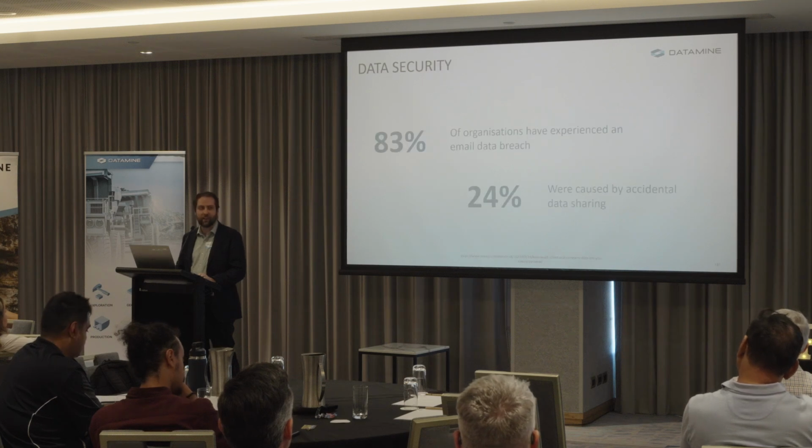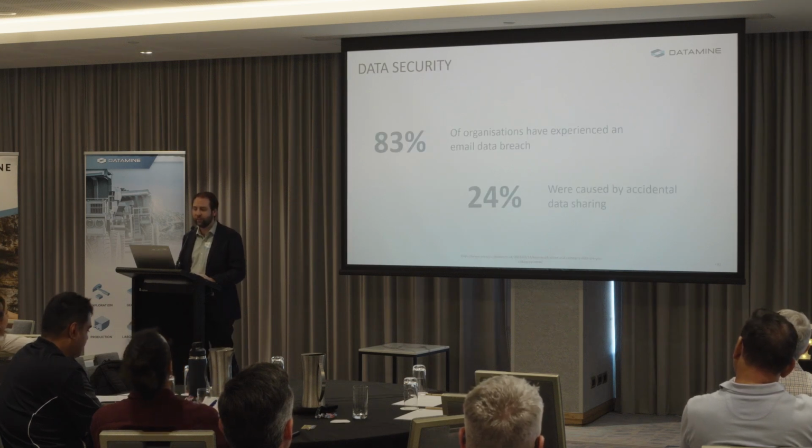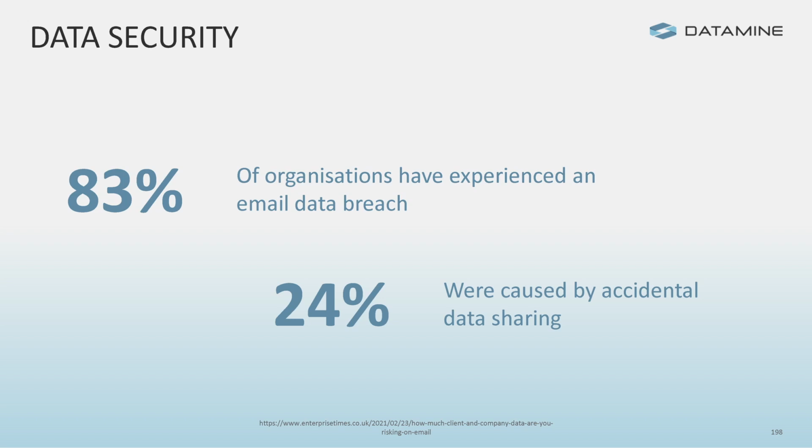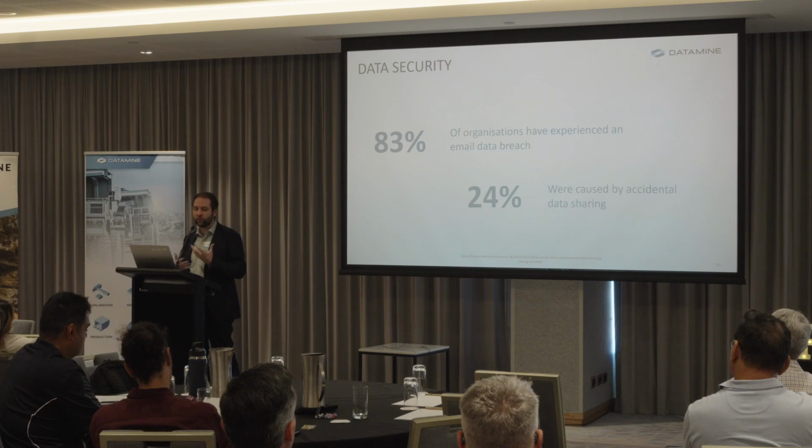There's obviously another very big one, which is that over 80% of organisations have experienced some kind of data breach related to emails. And a quarter of those were because it was sent to the wrong person. So how can we rely so heavily on a process that is so fraught with risk?